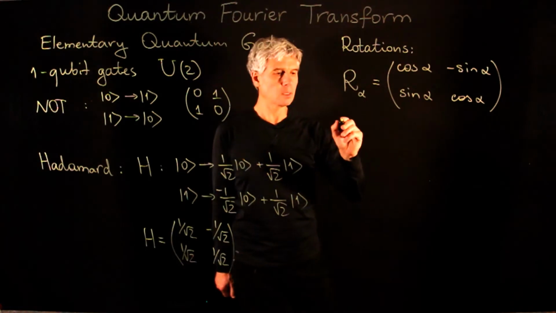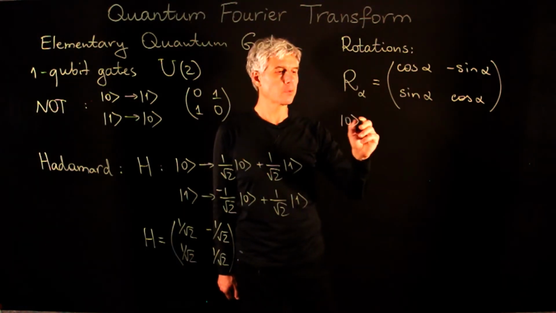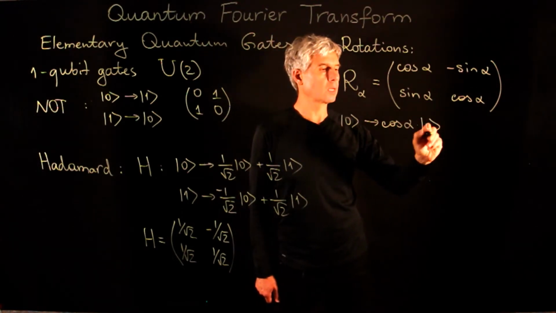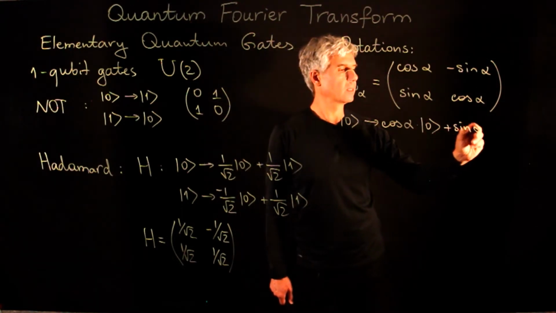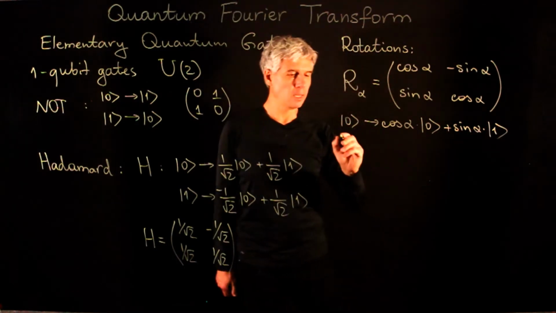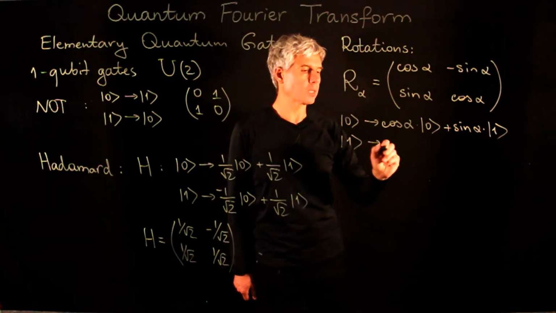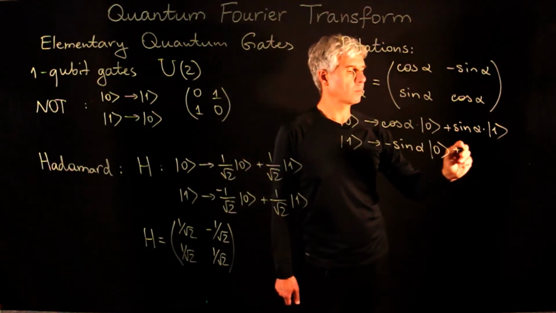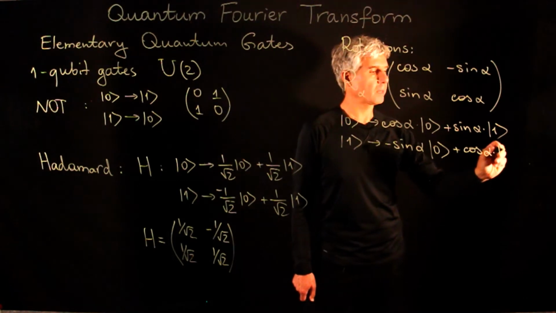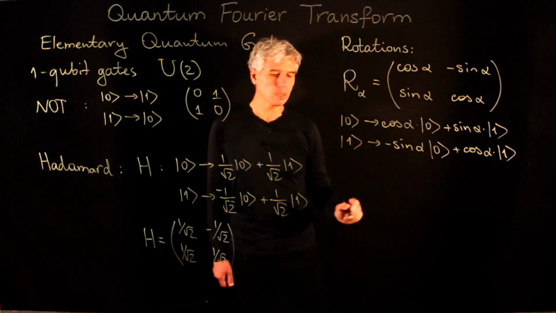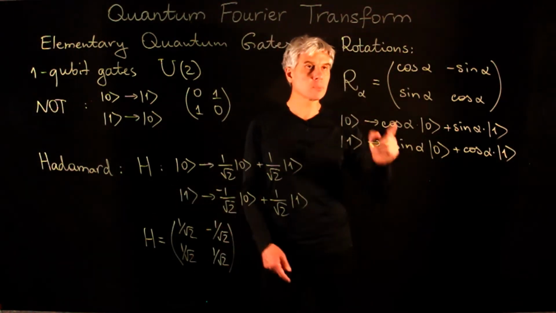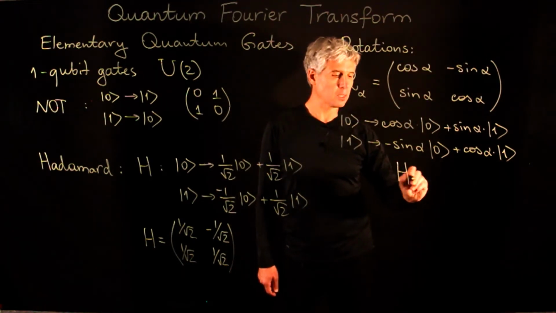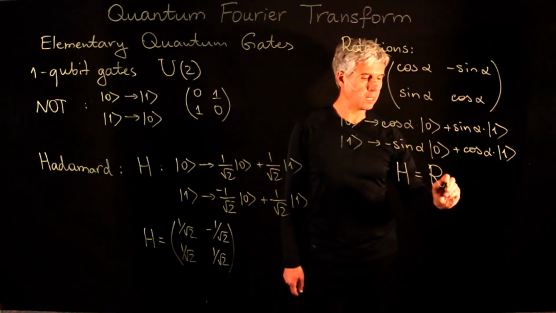So the first basis vector 0 is transformed into cos alpha times 0 plus sine alpha times 1, and 1 is transformed into minus sine alpha times 0 plus cos alpha times 1. In particular, we see the Hadamard gate is a special case of a rotation gate: the Hadamard is equal to rotation with angle pi by 4.